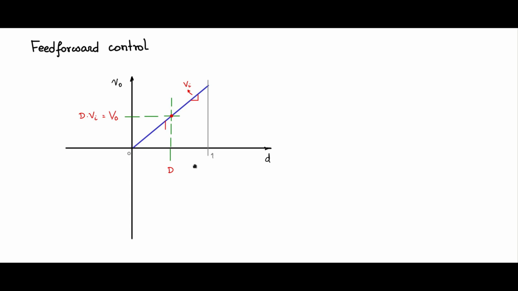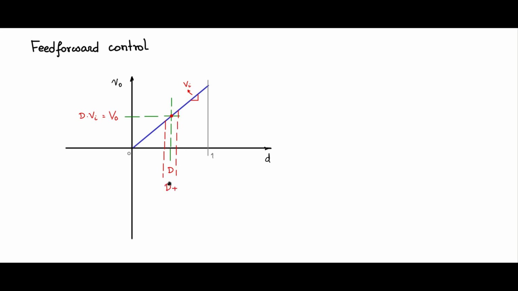Now let me say that due to many reasons, Vi itself can vary, so the slope of this blue line can vary, or there could be a disturbance reaching the output, and V0 can vary. So this operating point can vary in the neighborhood of the steady state operating point that we have shown here.